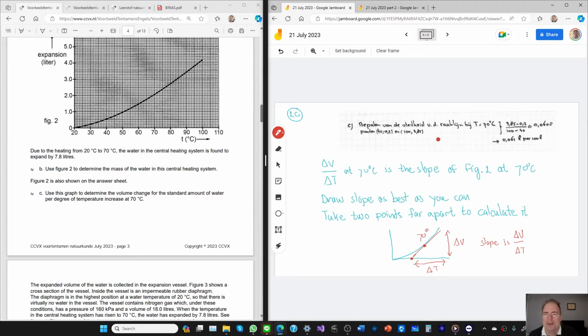According to the answer sheet, that slope is 0.0608, which means that the volume increase per 100 liters, rounded to two significant figures, is 0.061 liter per 100 liters of water.